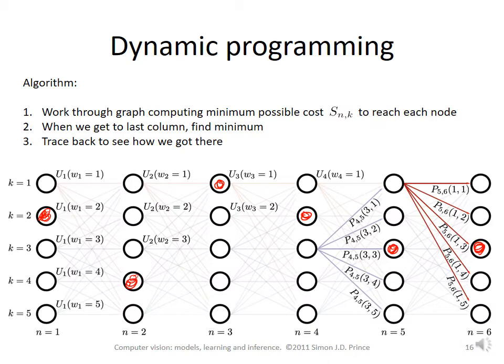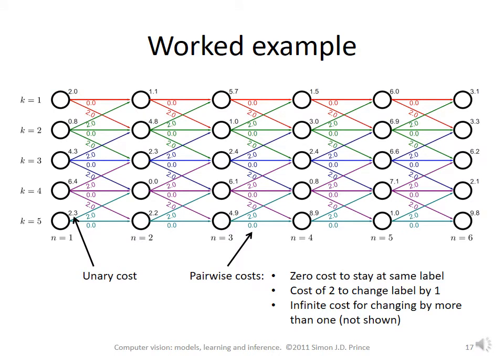So let's look at this in a specific example. Here we are given some information up front. For each site, we are told what the unary cost is of assigning W1, for example, to take on the value of 1.